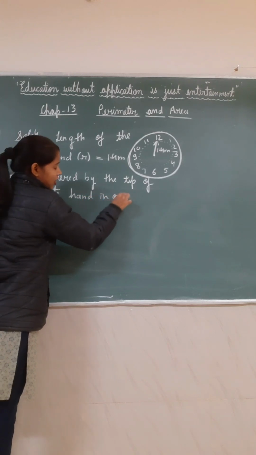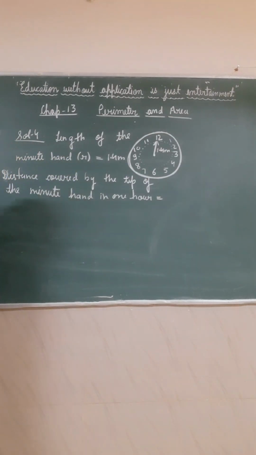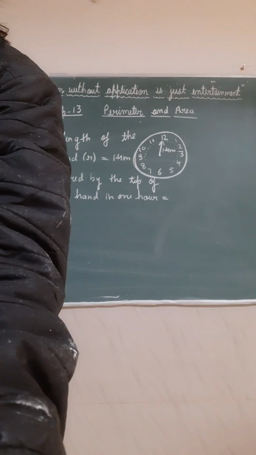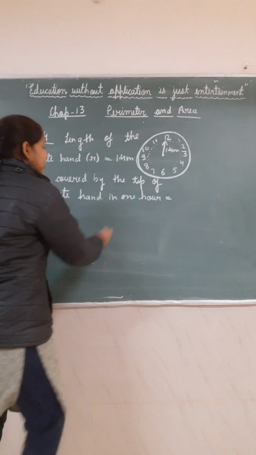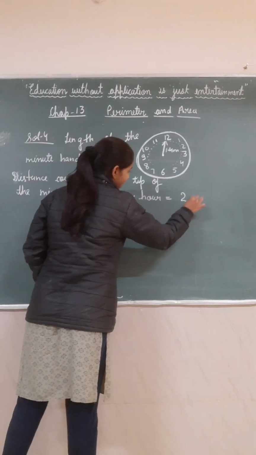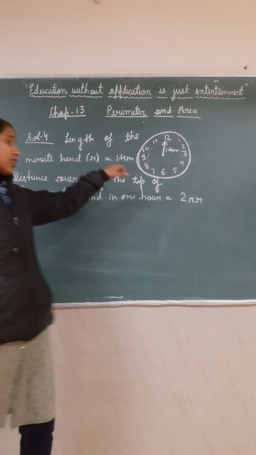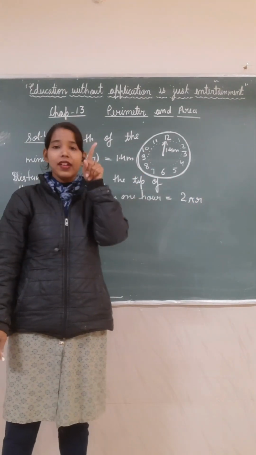In 1 hour, how much distance does it cover? The distance it covers is equal to its circumference, right? It will cover a distance equal to its circumference. So it is equal to 2 pi r. It covers 2 pi r distance, meaning equal to its circumference, right?